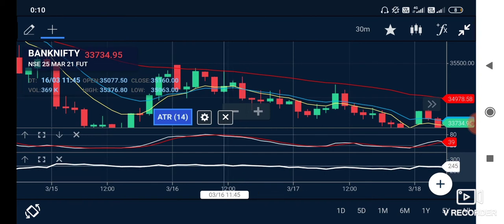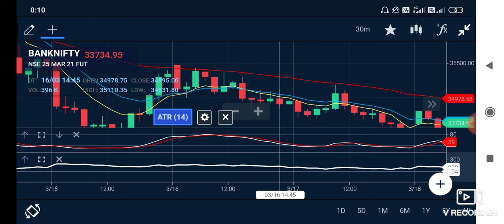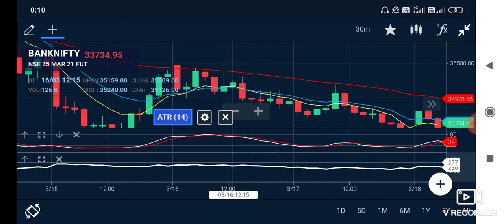So we are in this trade, and the target that we were looking for was 34,810, and we hit that target right over here. Yes, right over here. So an amazing strategy again.